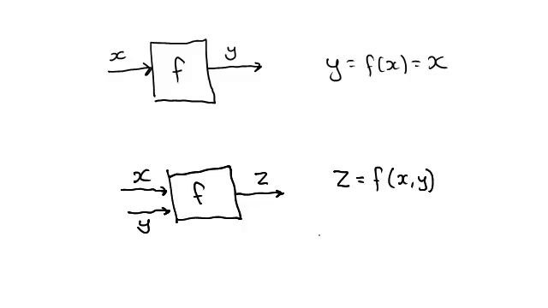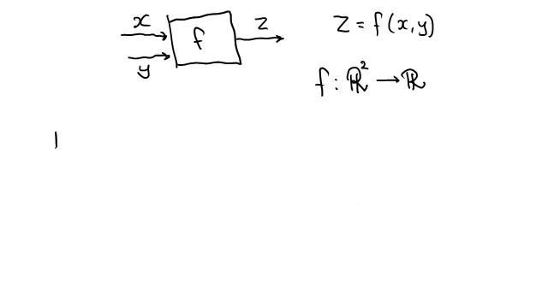Or we can write f is a function which takes a value in R2. This 2 here tells us that f needs two numbers, but it will only return one number, so we write it like this. R2 is defined as the set of all two tuples, like this.